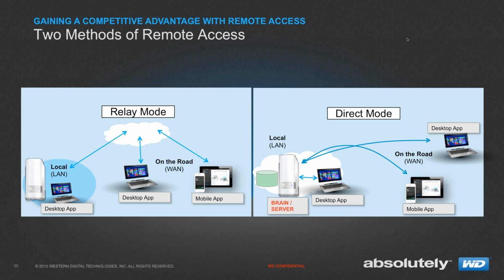That means that when I'm on the road, my iPad is talking directly to my MyCloud, and the data transferred between the two runs at my upload speed. Because that's fast, I have a very, very fast remote access connection. So relay mode is fine for just about anything. Direct mode is going to be great if you've got your own fast ISP connection at home.